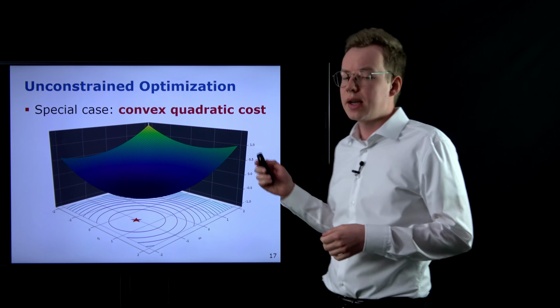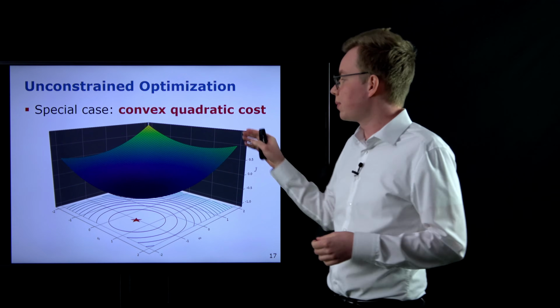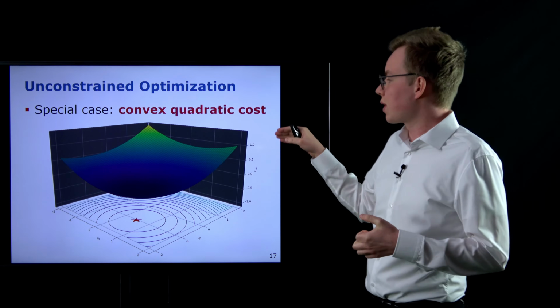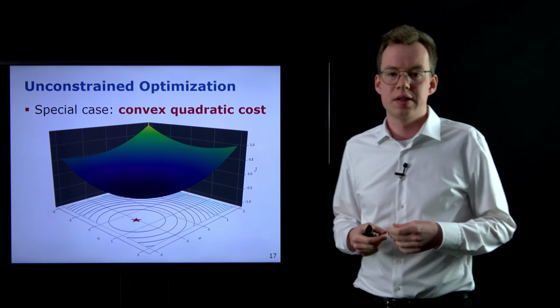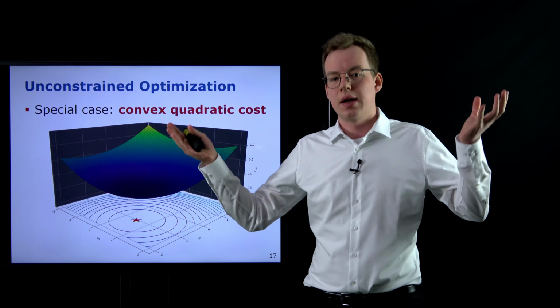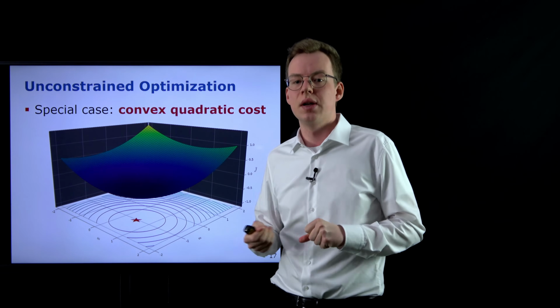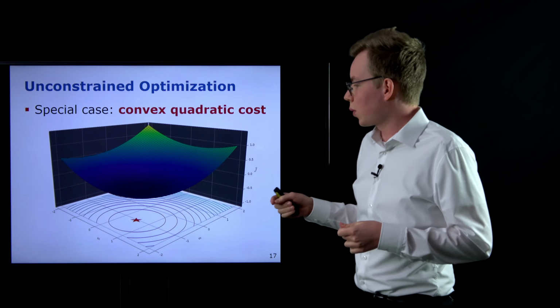But before we do that, we will do a bit of a deep dive into a special case, which is these unconstrained problems with convex quadratic costs, meaning that the cost has only up to squared terms of the decision variable, so it's a polynomial where the highest term is a squared term.